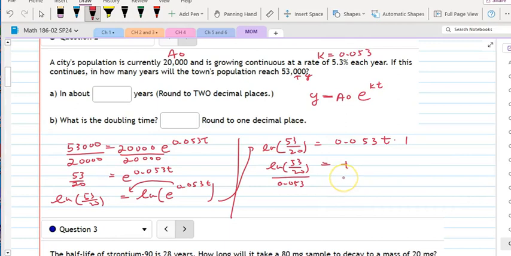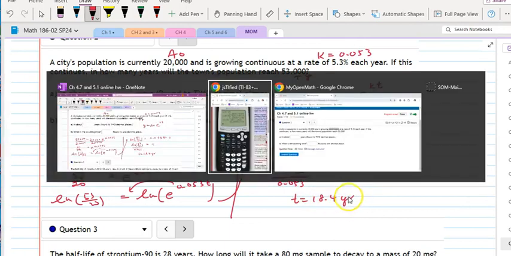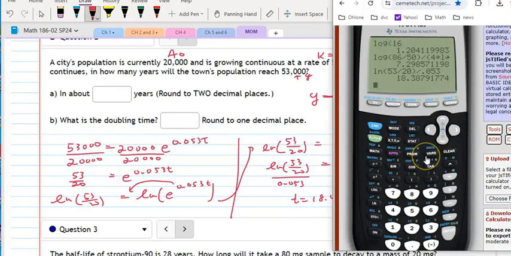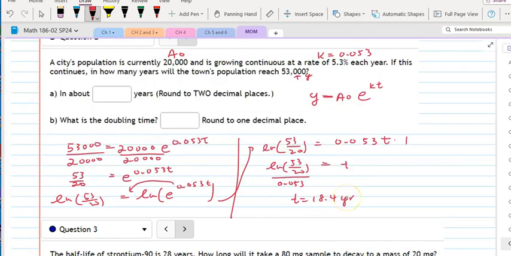Oh, they want 2 decimal places, so 18.39.